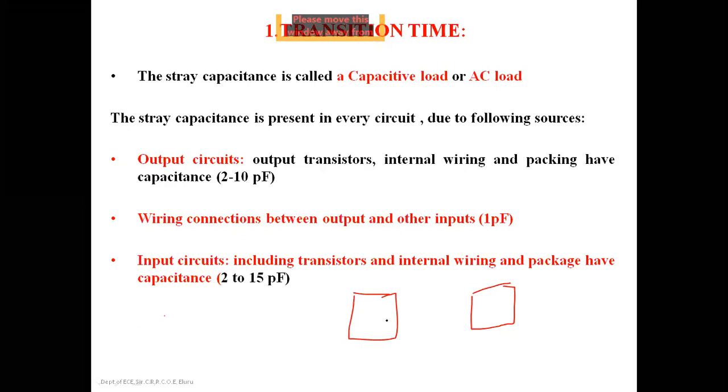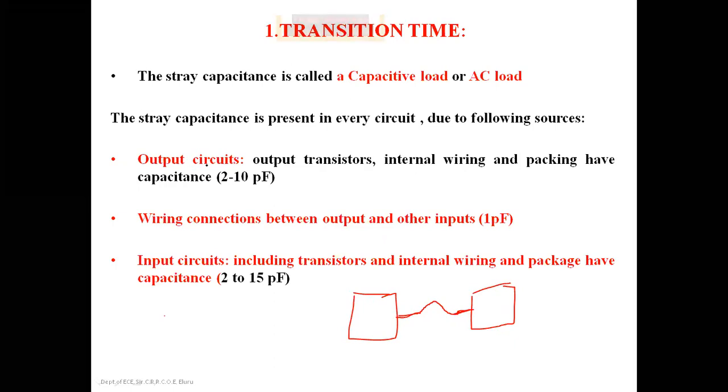So one source is at the output of the circuit, another is the input of the circuit, and the third is the connecting wires between the output and the input of the next stage. From these three sources, we can model the stray capacitance.